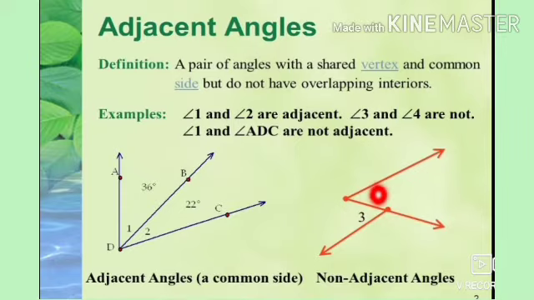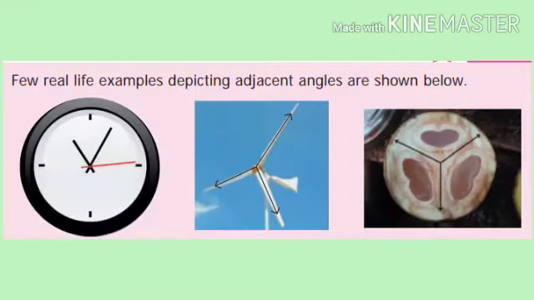Hence, angle 3 and angle 4 are not adjacent angles. Angle 1 and angle ADC are not adjacent. Real life examples of adjacent angles.